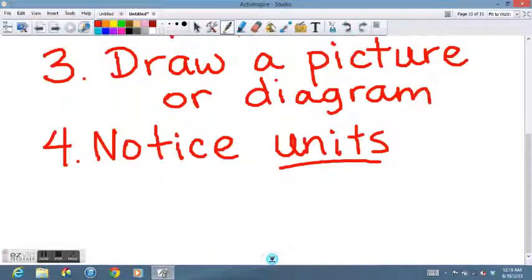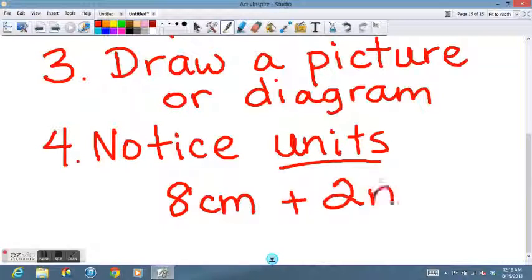So for example, let's just say that you had a problem that had 8 centimeters and 2 meters. You cannot add those together because your units are not the same. So what you're going to have to do is convert one of those so that it matches the other one.